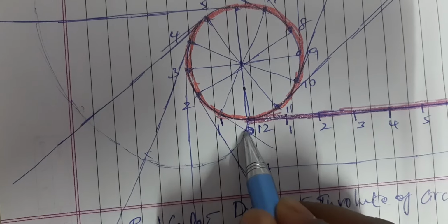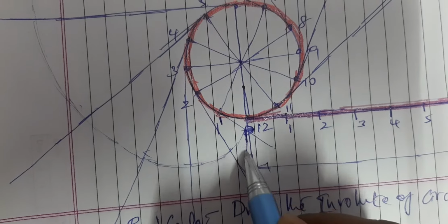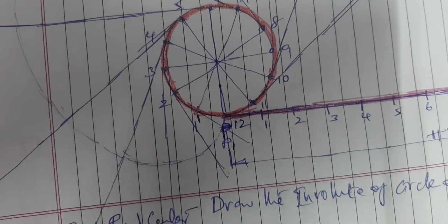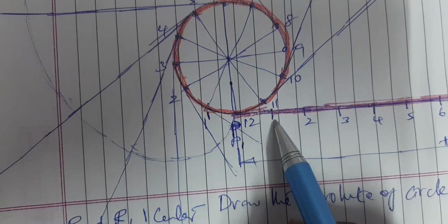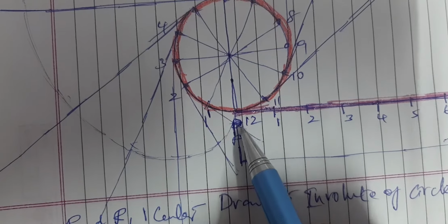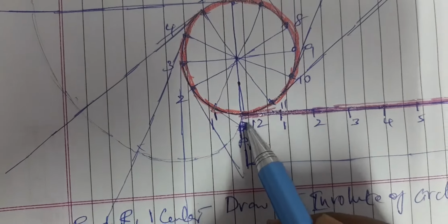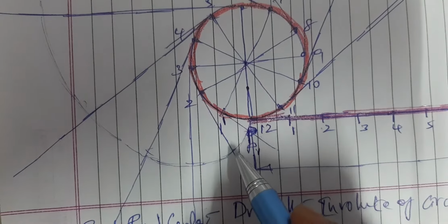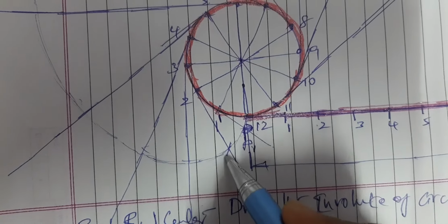You need to draw one arc cutting the line drawn from 1 at P1. Got it? I repeat, take P1 as radius, 1 as center, draw the arc to cut the right angle line drawn from 1 at P1.